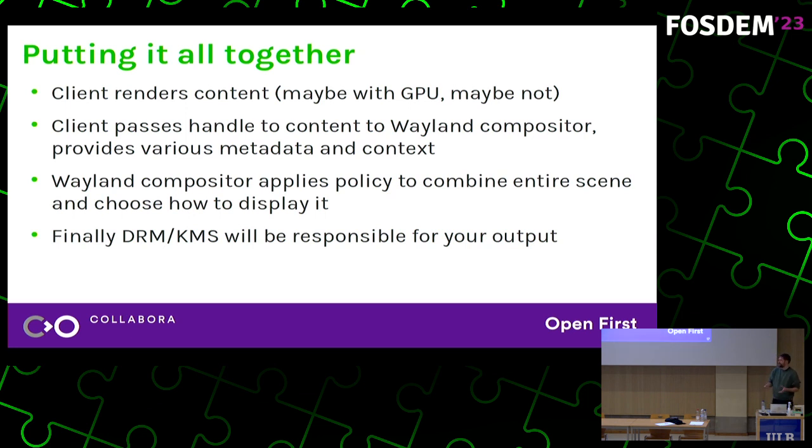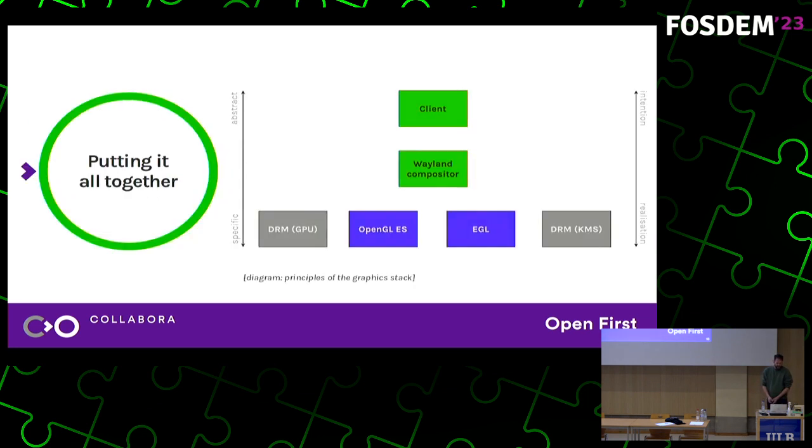The compositor is going to pull it all together, choose how it's going to display it, apply any kind of policy or what have you, and then push that final image out to KMS, which is going to turn it into electrons. So we've got a diagram that's back to making sense.